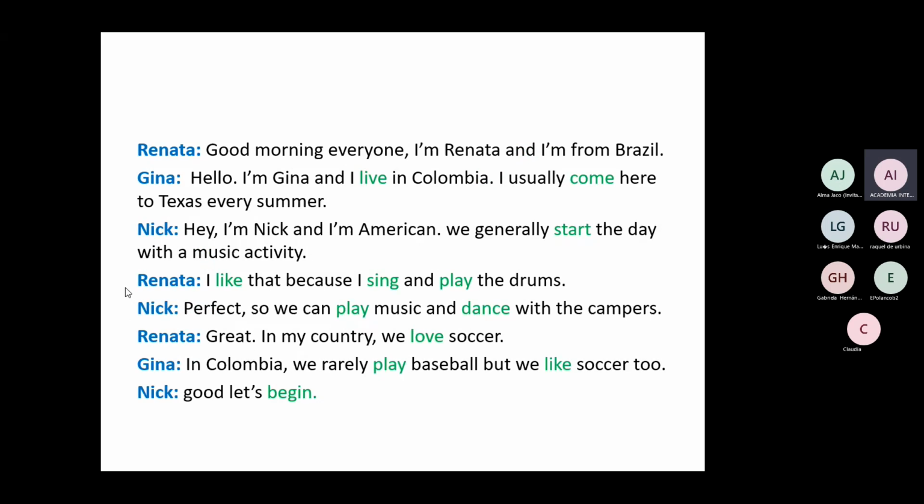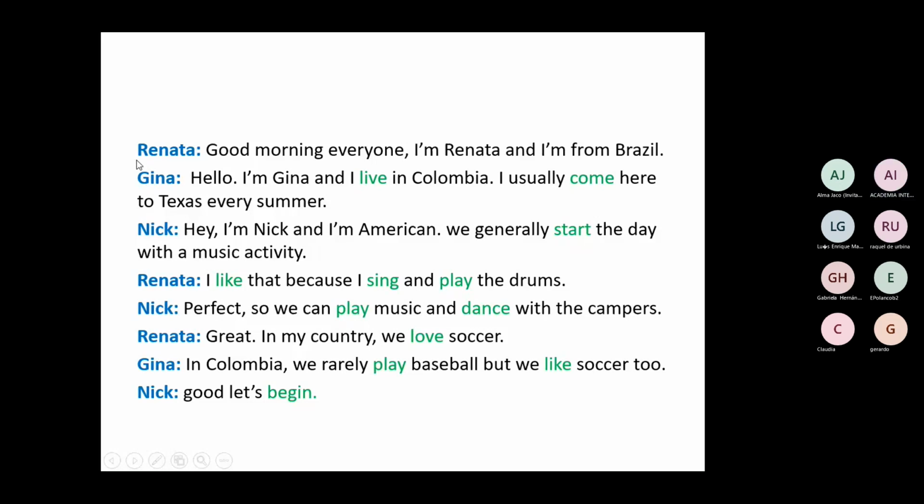This is like an exercise in order to read, and we are going to find a lot of verbs in present, right? In present, because this is a conversation, and we are using the simple present in order to transmit our ideas.